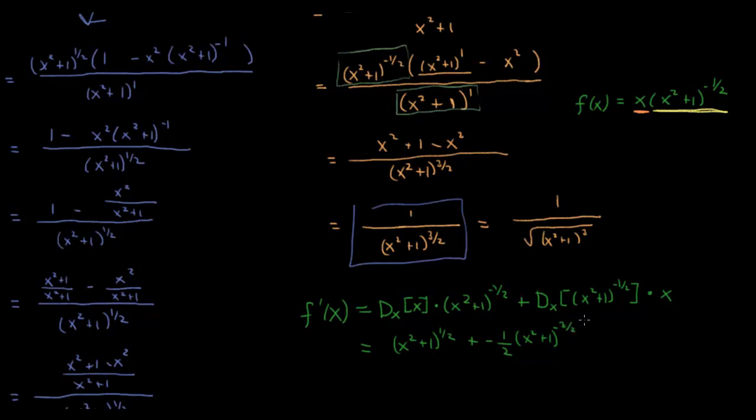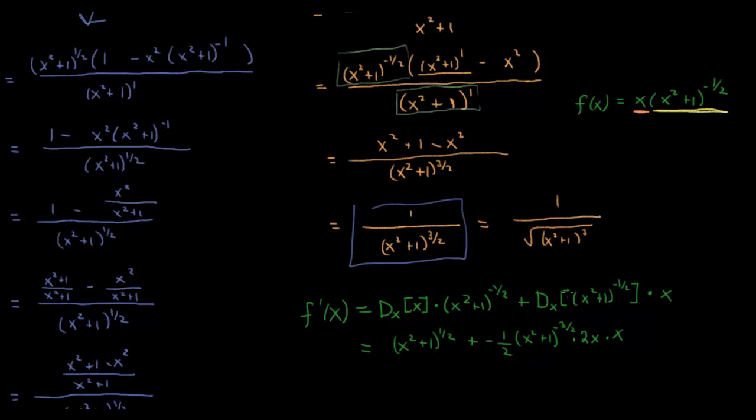Just get that in your head. You'll see that all the time. Okay? So it's the derivative of the outside function evaluated at the inside function times the derivative of the inside function. The derivative of x squared plus 1 is just 2x. But don't forget about that x we had originally, the first function.